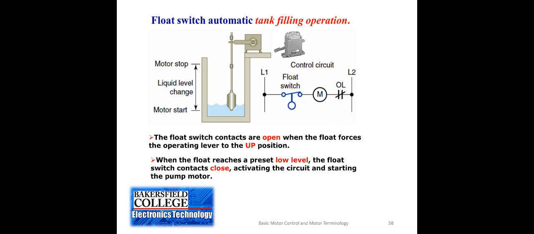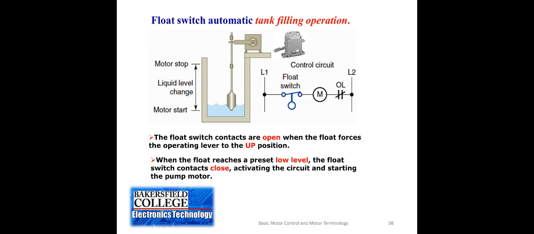And then the motor will stay on, the pump motor, until the level reaches the motor stop level. And then the switch will open and the circuit will no longer work. This particular float switch has a pretty decent range of motion, so it can control when the motor turns on and when it turns off.